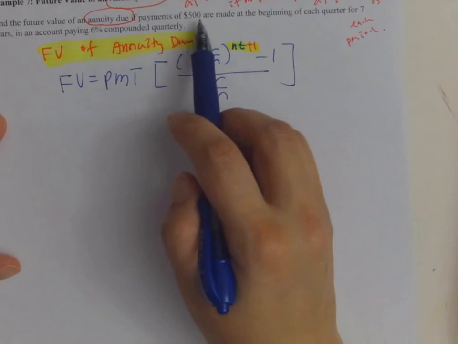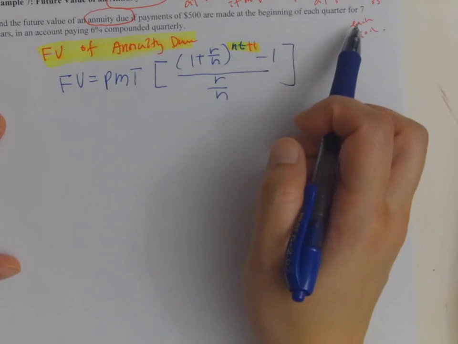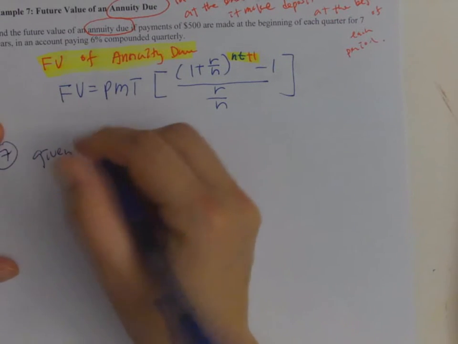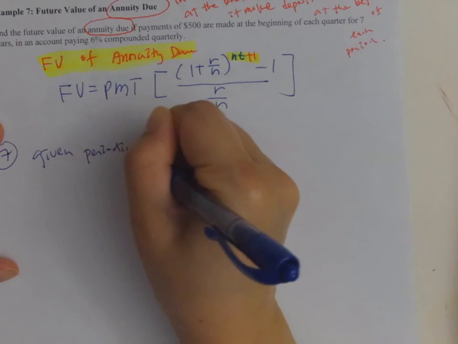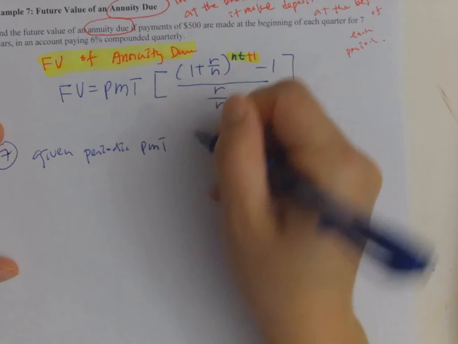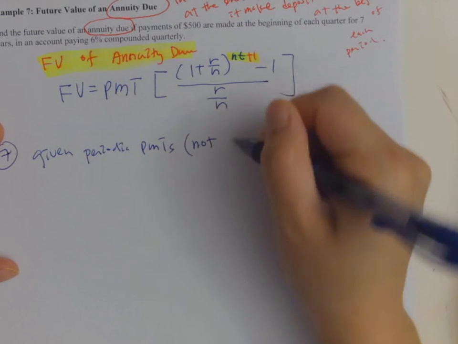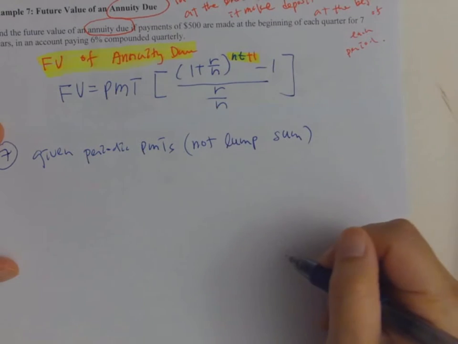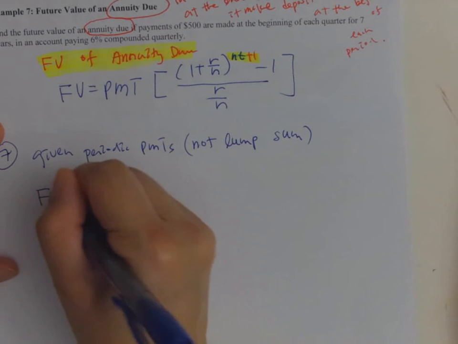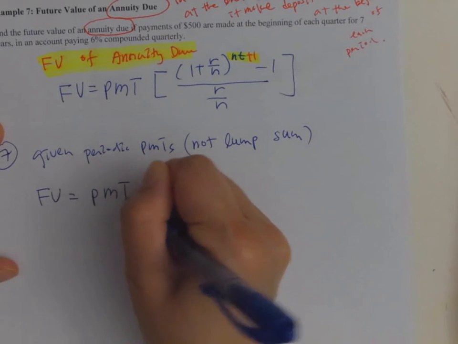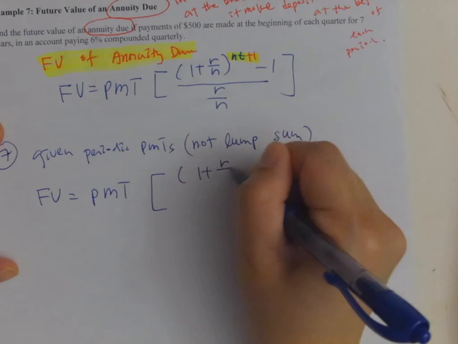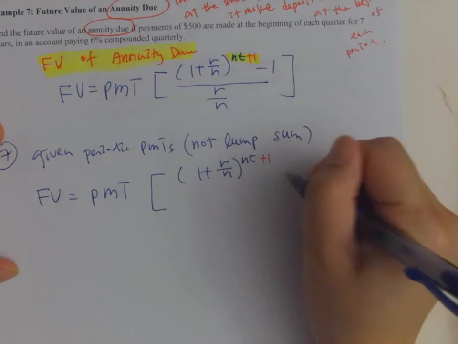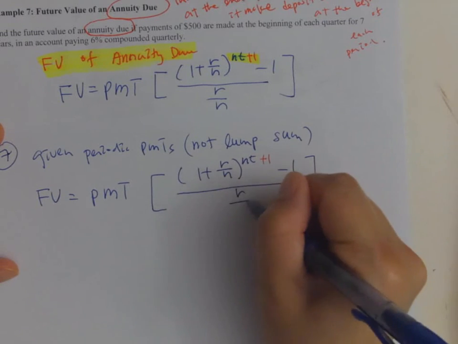So this payment of $500 is made at the beginning of each quarter, meaning they gave us a periodic payment, right? So that's not a lump sum, so not regular compound interest. And we're going to use this formula with payments times (1 plus r over n) to the nt, but you need to add 1 more compounding period, minus 1, over r over n.